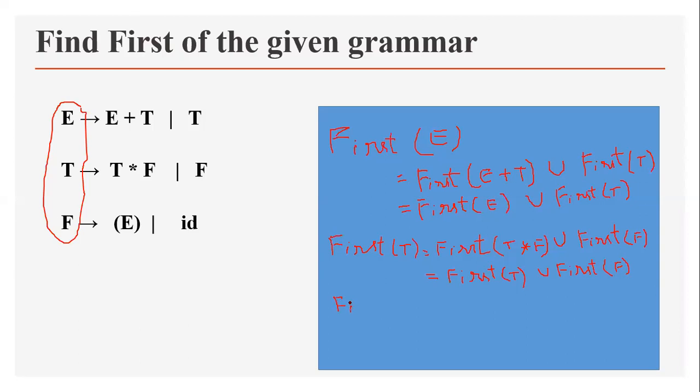First of F is equal to, here also two productions, that is first of open brace E close brace and first of ID.